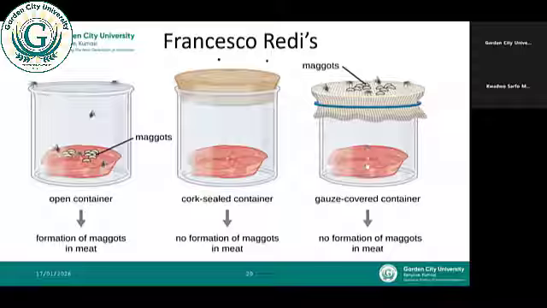So this made them see that no maggot was growing on the meat, disproving the spontaneous generation theory. So this led to the theory of biogenesis, cells arising from pre-existing materials and not spontaneously from non-living material. I hope it's clear.